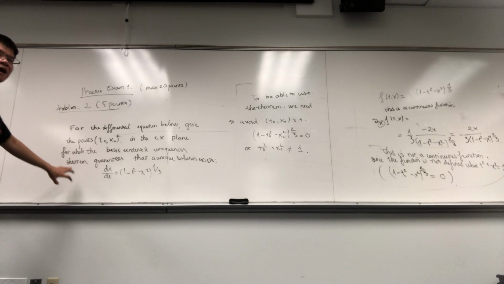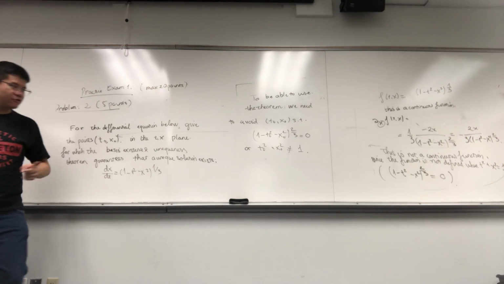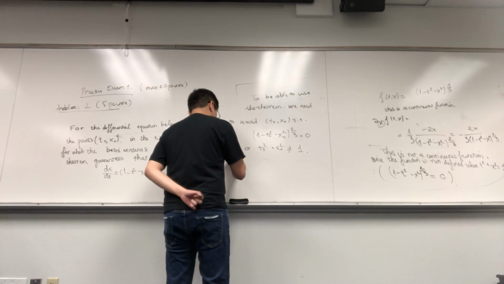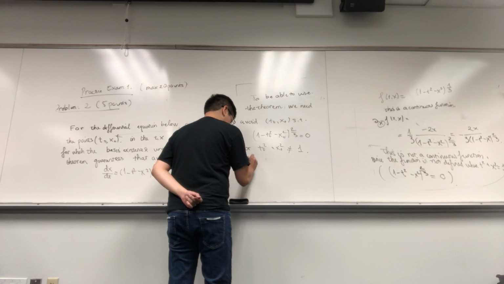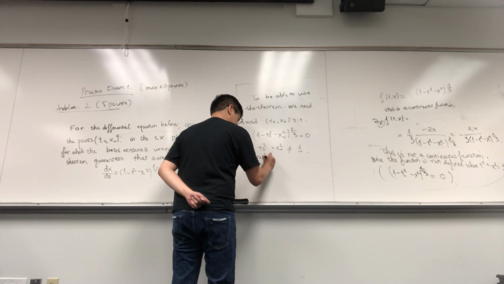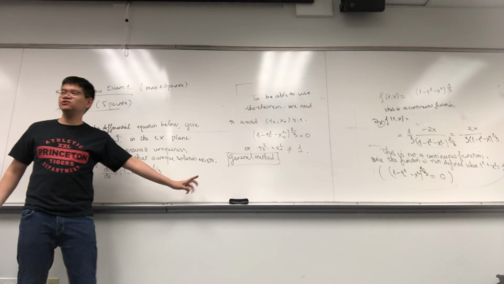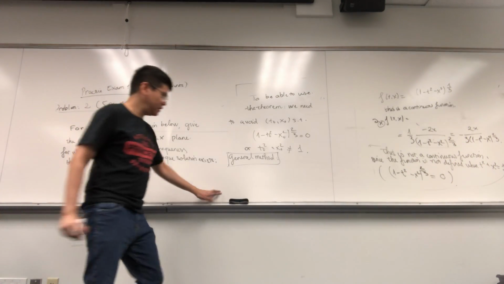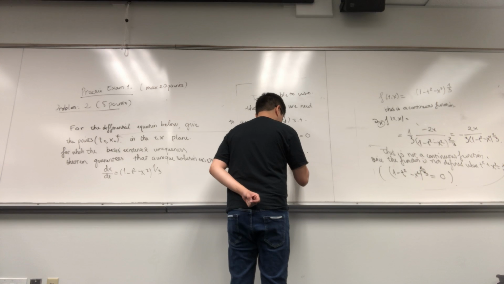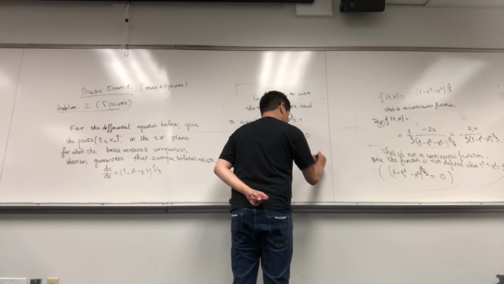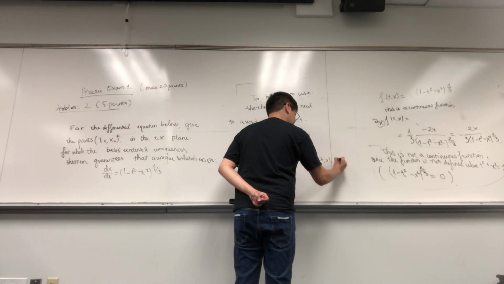So to answer this kind of problem, what you do is the following. General method. First, you have to look into the function, right? So look into f(t,x) and the derivative in x of f(t,x).